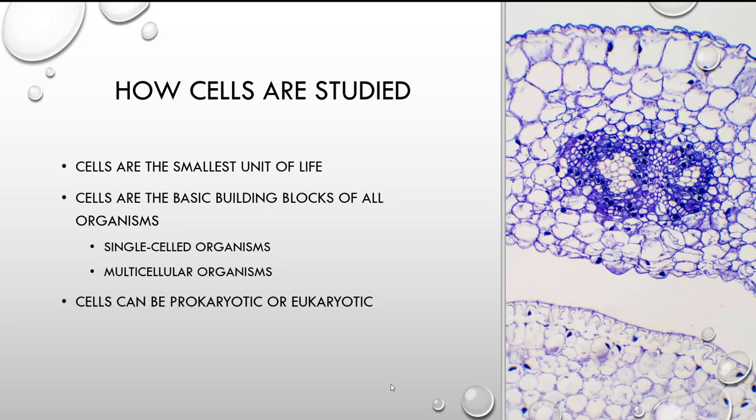Or we can have multicellular eukaryotes, such as yourself. Plants, mushrooms, and fish are examples of multicellular eukaryotes. So cells can be the basic building blocks of all organisms, or the organism themselves.